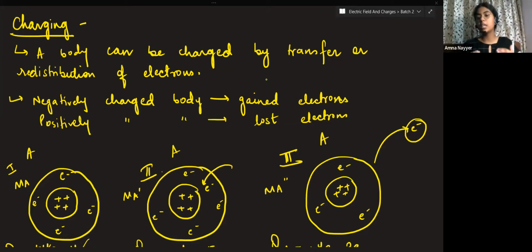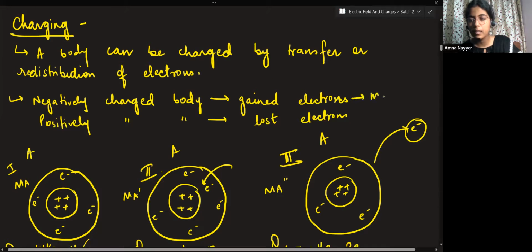So a positively charged body has a lesser mass. A positively charged body loses electrons, so its mass decreases, and a negatively charged body gains electrons, so its mass increases. Just add these points in your notes: mass increases and mass decreases. Before you forget, add them down in your notes.